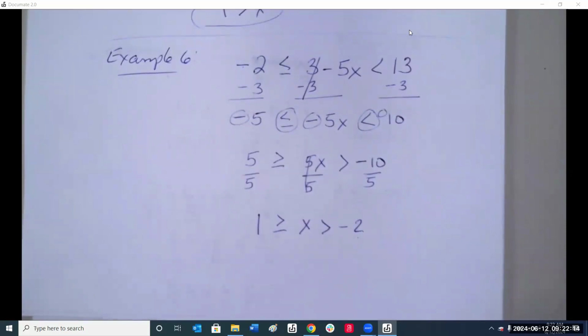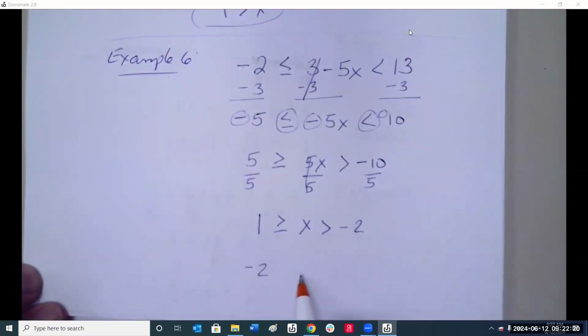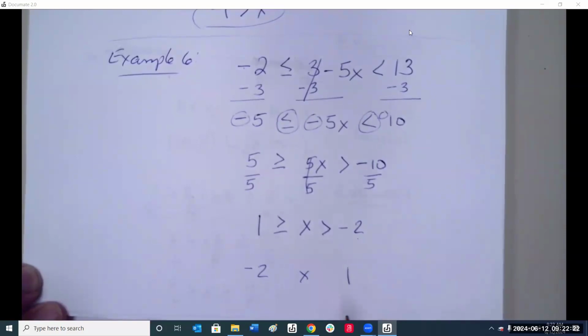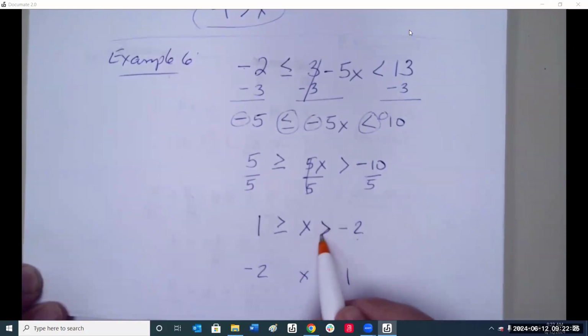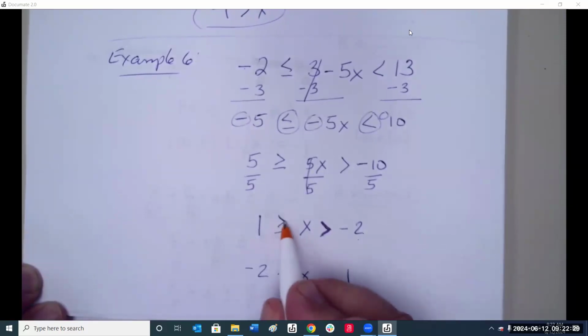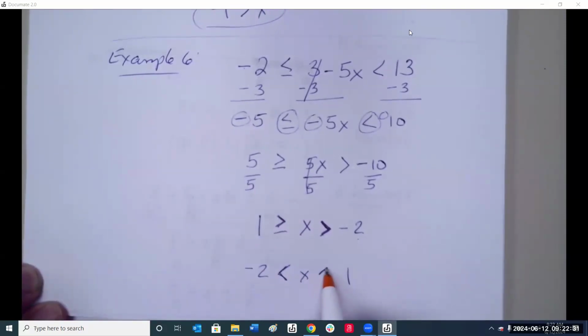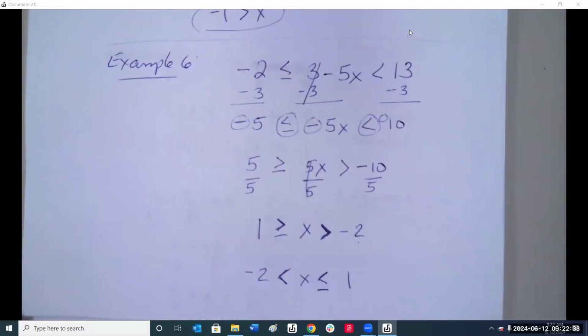So what do we have to do to the entire equation? Flip it, right? So it's -2, x, and 1. So the arrow is pointing to the -2, pointing to the x. There is your answer.